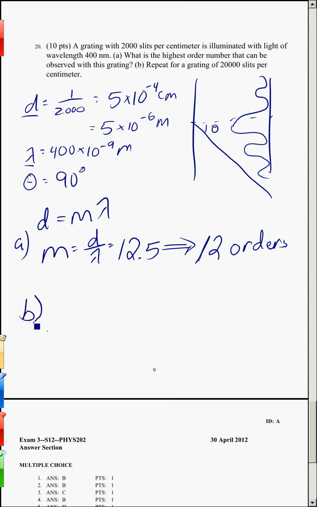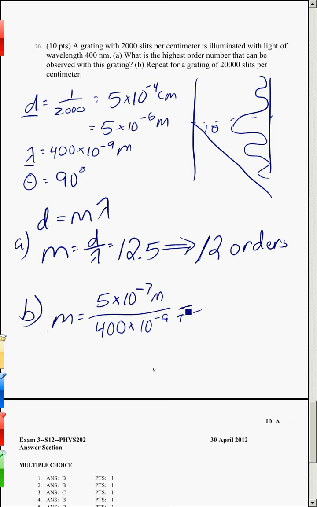That was for part A. In a similar way, you can do part B. It's just D over lambda. 20,000 slits per centimeter gives you 5 times 10 to the minus 7 meters for D. That's just 1 over 20,000, converted to meters, divided by 400 times 10 to the minus 9.